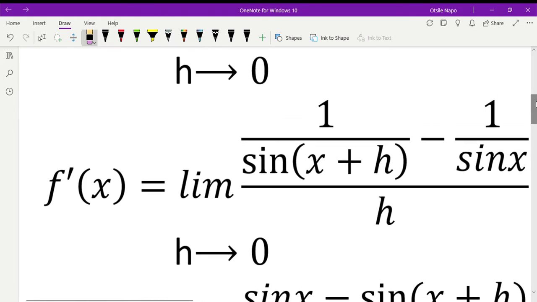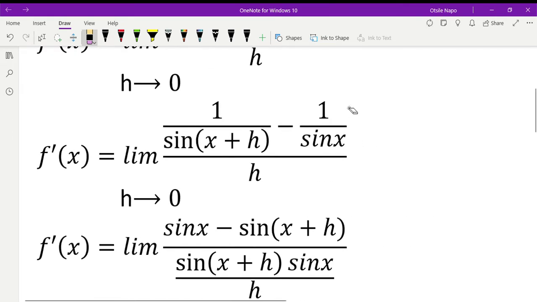Then after that, let's remember a few things. 1 over sine x is equal to cosec x. So never forget that.